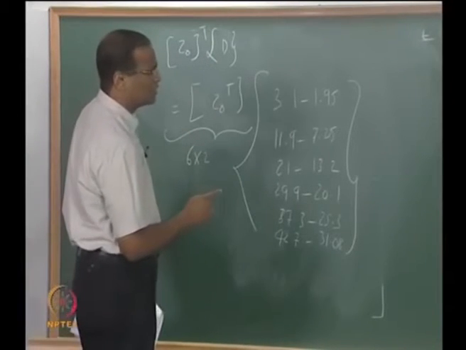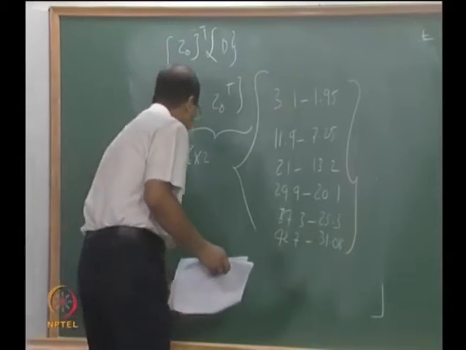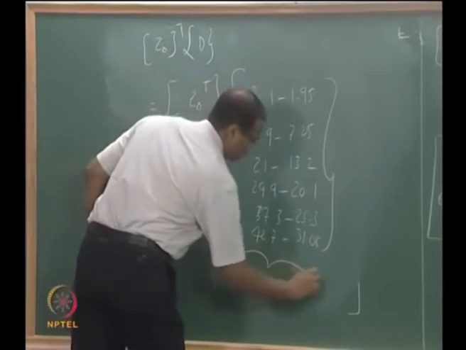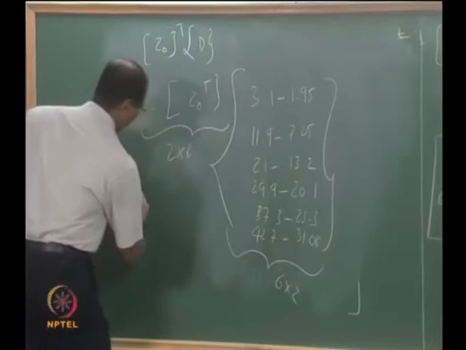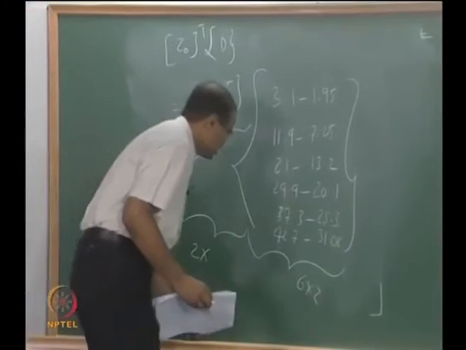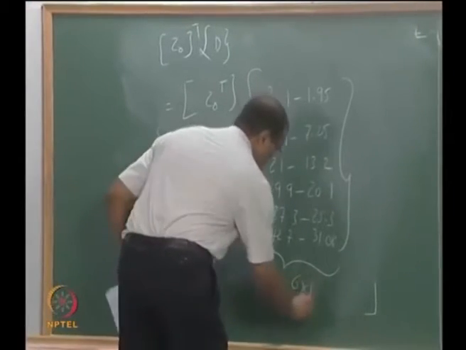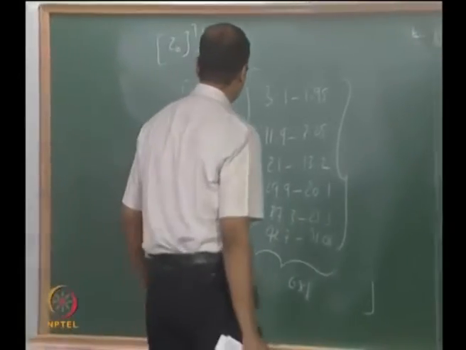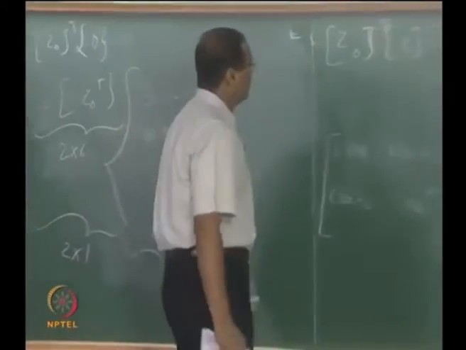Is it 6 by 2 or what is it? 2 by 6. Sorry, 6 by 1. So you will get a column vector. Okay.